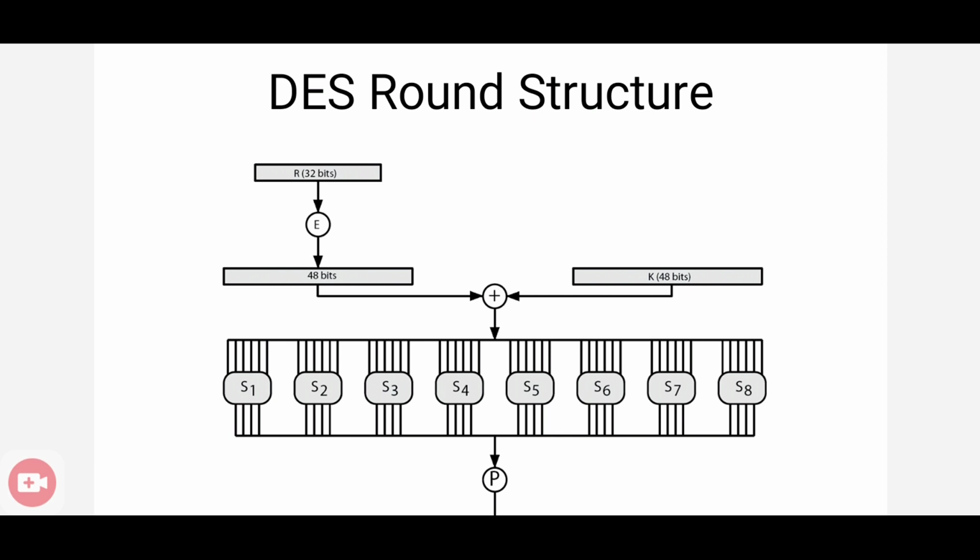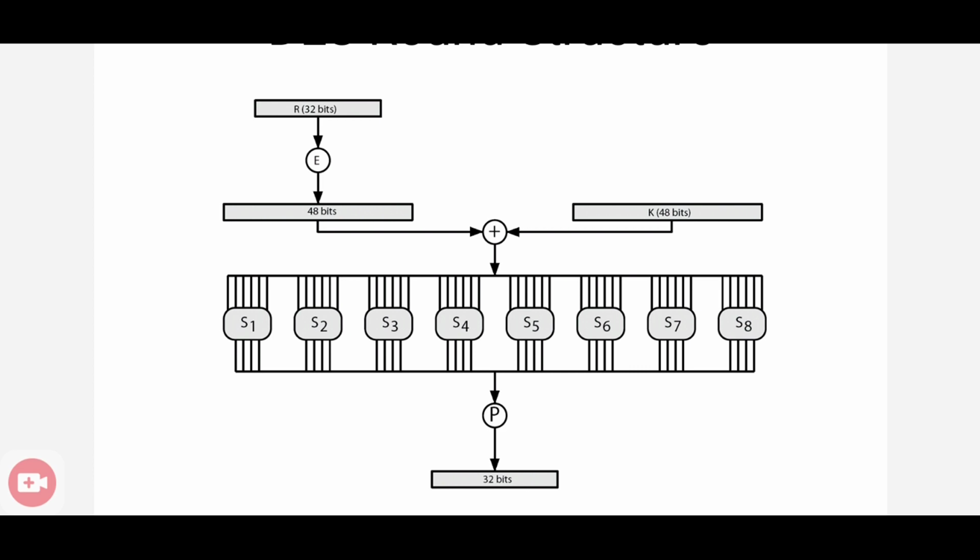There are 8 S-boxes, S1 to S8. You can see in the figure, each S-box has 6 inputs and 4 outputs. So in total 48 inputs. That's why they accept 48-bit input. But it produces only 32 bits. So this is the structure of the S-boxes. Clear?